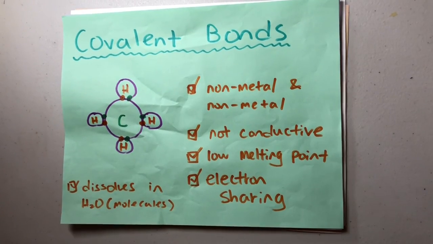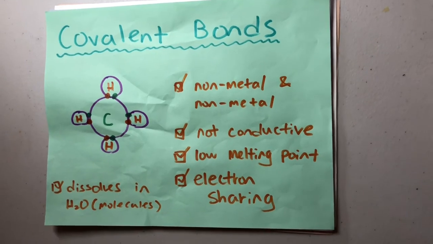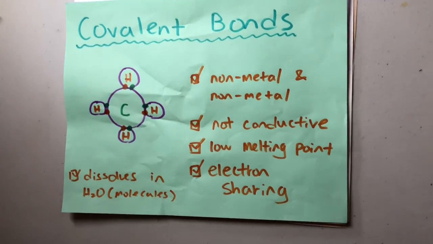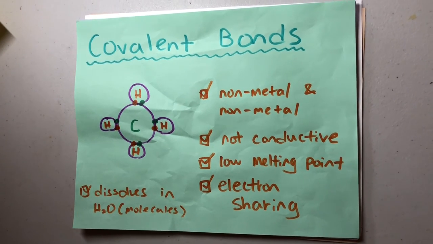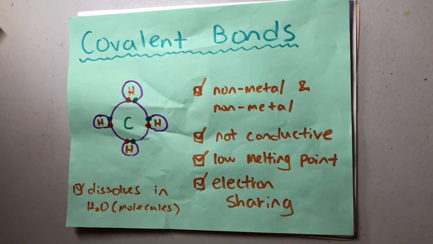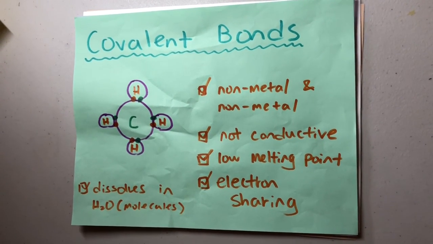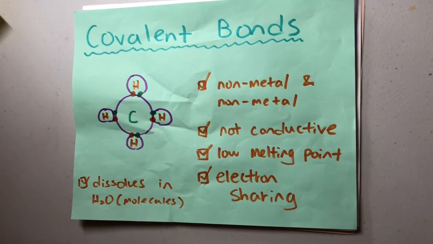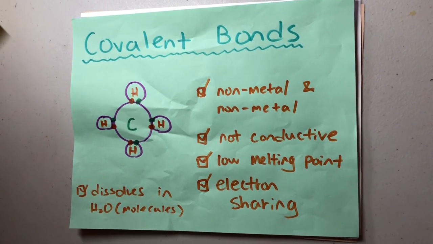The next type of bond are covalent bonds. A covalent bond, which is also called a molecular bond, is a chemical bond that involves the sharing of electron pairs between atoms. These electron pairs are known as shared pairs or bonding pairs, and the stable balance of attractive and repulsive forces between atoms when they share electrons is known as covalent bonding.